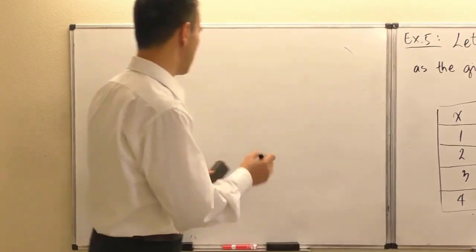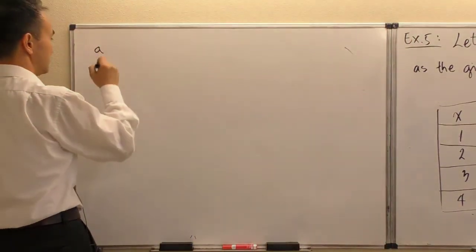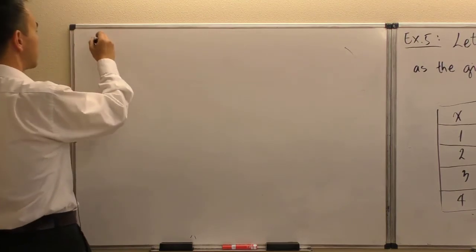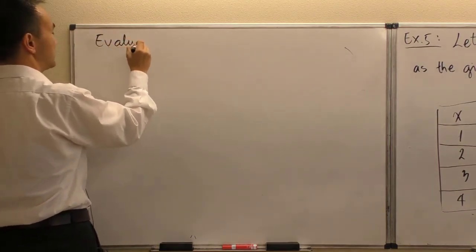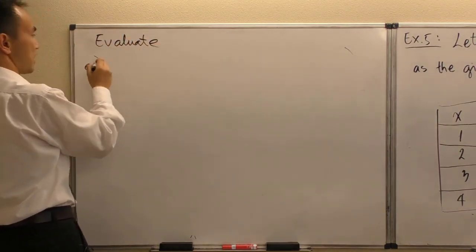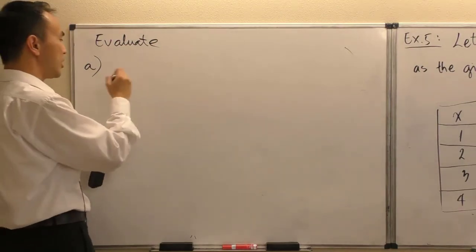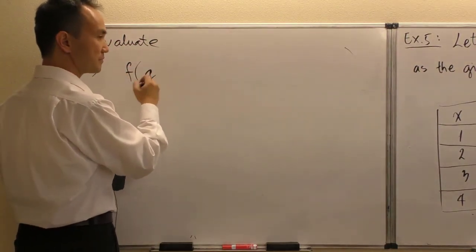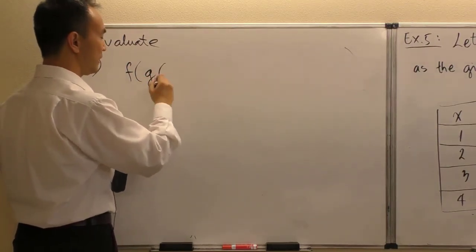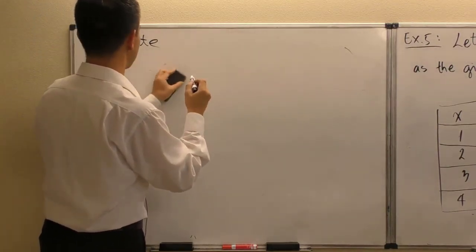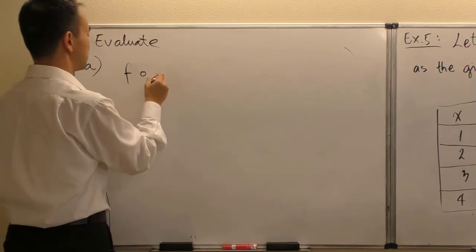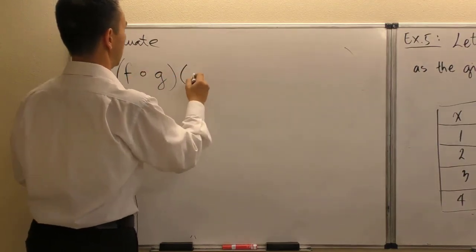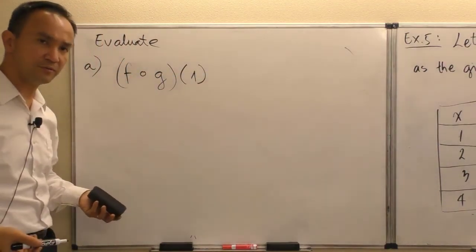All right, so part A, from the table I want to evaluate, how about f of g of 1? The way I'm writing that, f of g of 1.